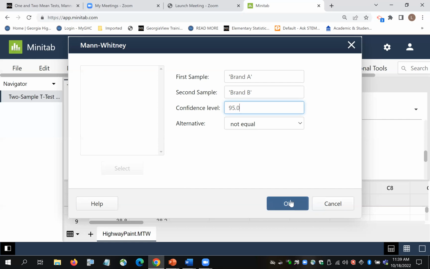Now, from what I have been studying and researching in relationship to Mann-Whitney, you can also do a less than or greater than. But in most of the examples and problems I've seen while studying this topic, they're simply looking for a difference, which is the not equal. But it could be the other, so you just have to be careful about the wording.